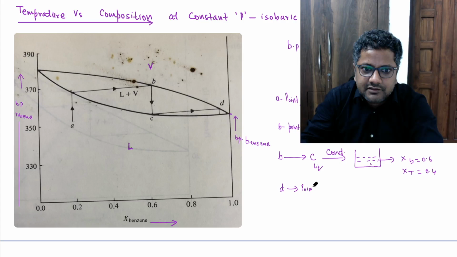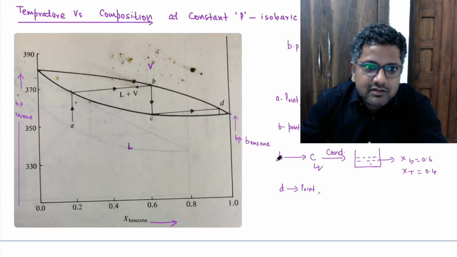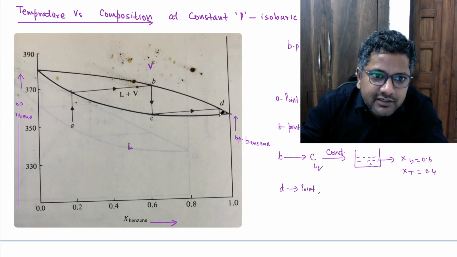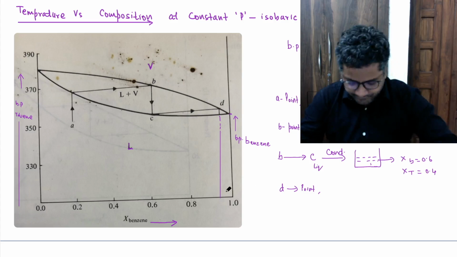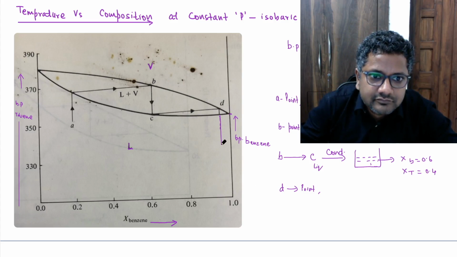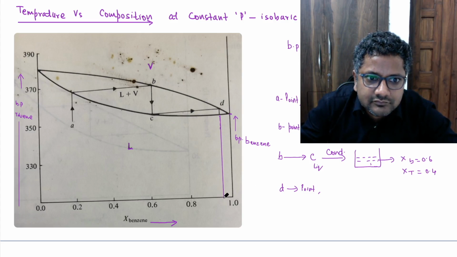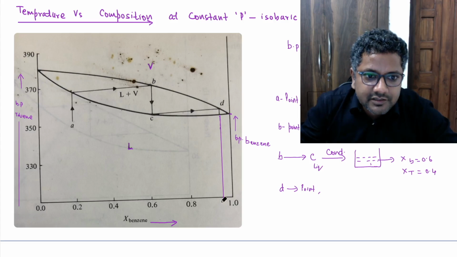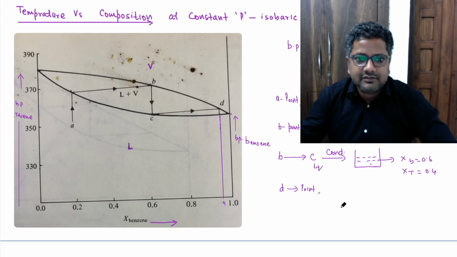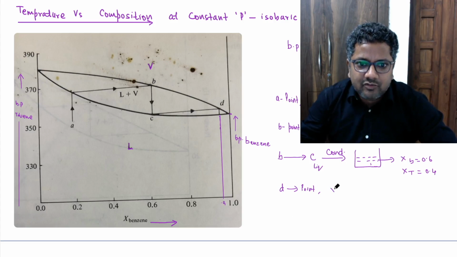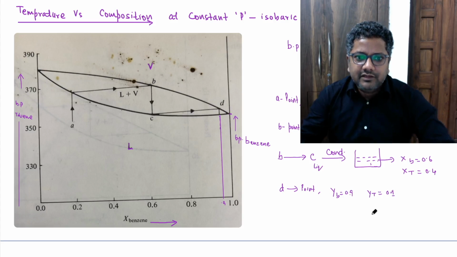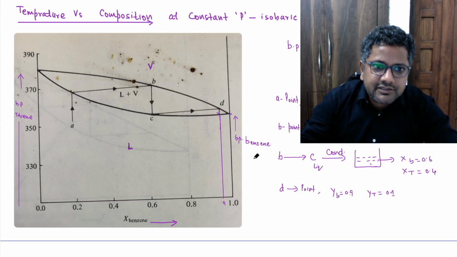So at D point, what are the mole fractions? We can take this as 0.9 close, right? So at D point you have mole fraction in vapor phase, Y benzene is equal to 0.9 and Y toluene is equal to 0.1.